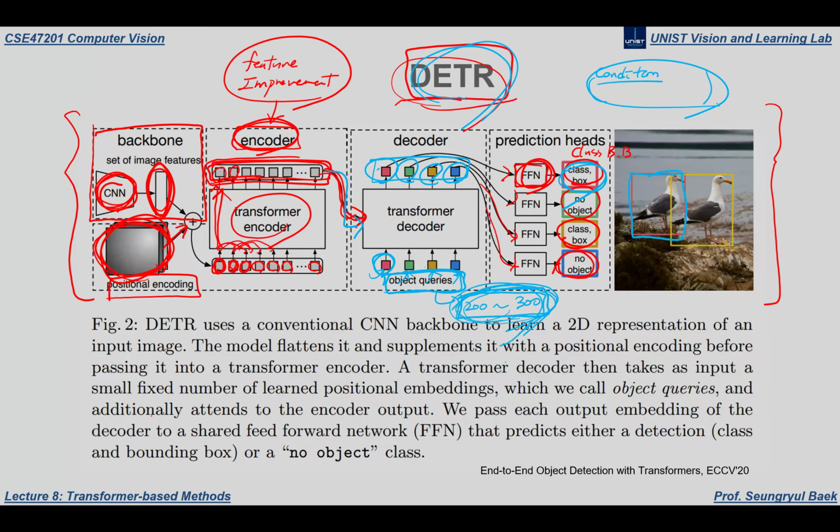In detail, the object query number is normally set by assuming that there would not be many images in the real world having more than this number of objects. But depending on the application, we may have to change the object query number, definitely. Are you guys following this?